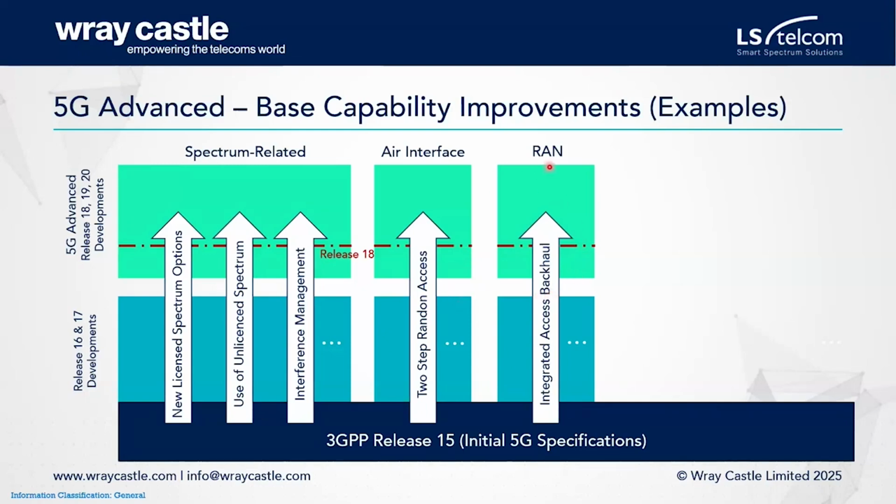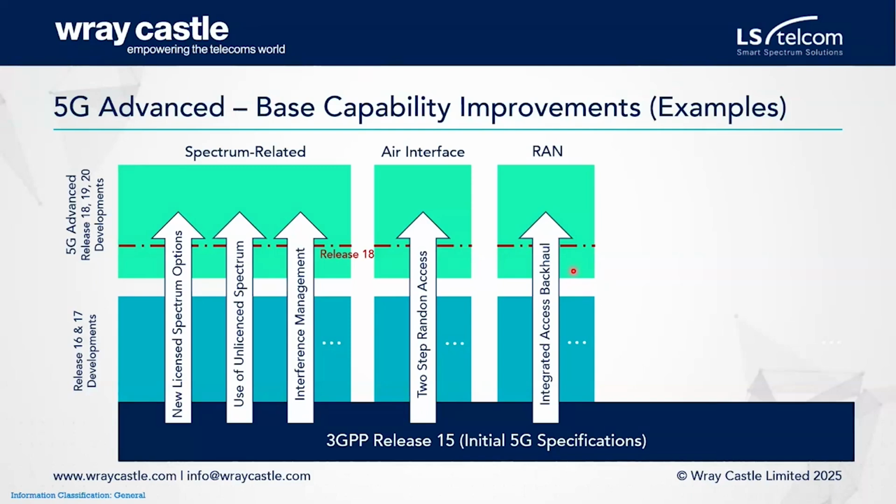Then the radio access network. So we've got something called integrated access backhaul, which we've developed over the last few releases. So integrated access backhaul, this is where you might have an existing base station in an area, but to put more capacity in place, perhaps you've got a sort of shopping mall or a cafe area, to put a lot more capacity in place for people to watch the videos as they're drinking the coffee.